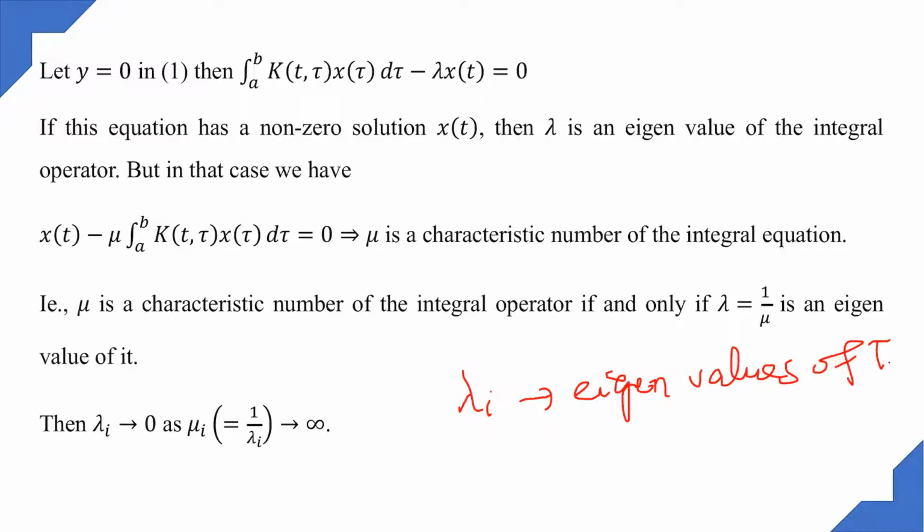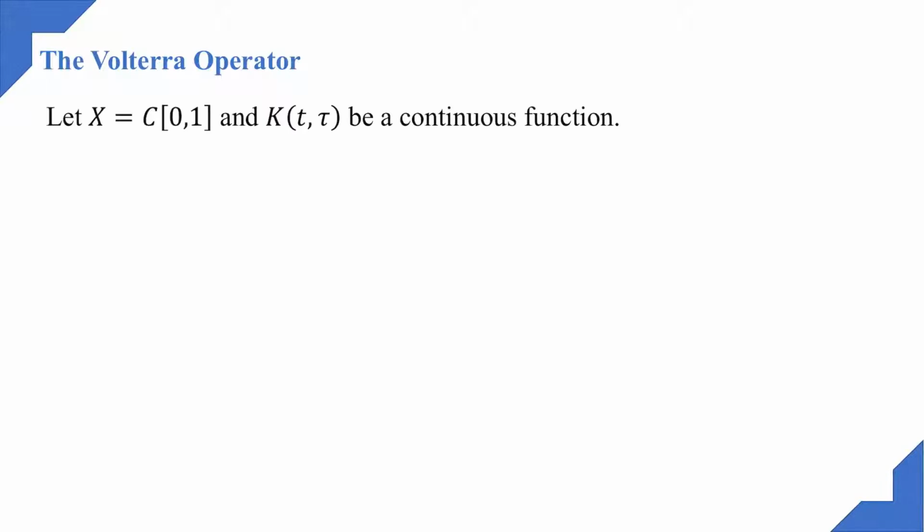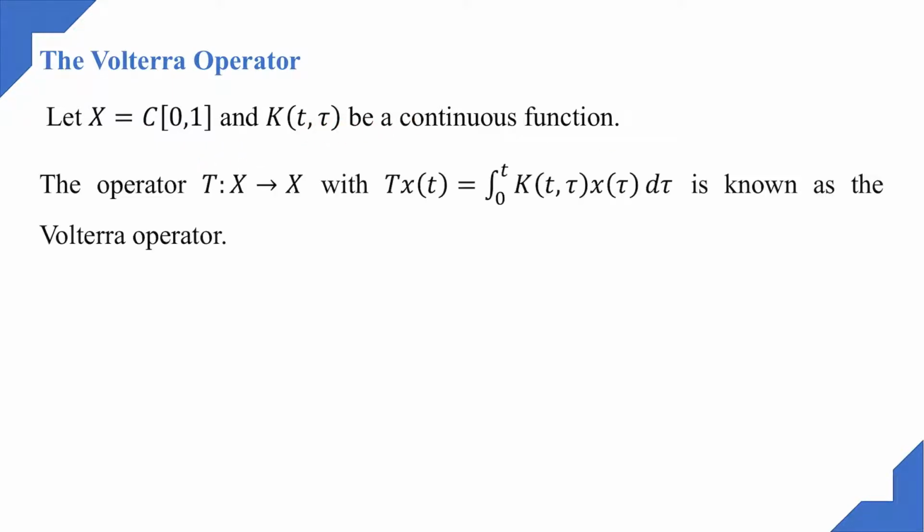In this case, we have considered a Fredholm operator. Now we will take one Volterra operator. So here I am taking X as C[0,1] and k(t, tau) to be a continuous function.